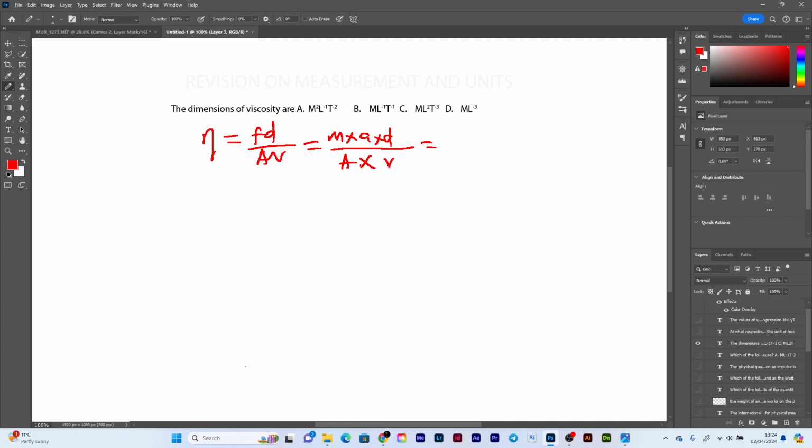Am I right? So this is going to be mass, capital M, and acceleration is LT raised to power minus 2, multiplied by capital L, divided by L square, multiplied by velocity, which is LT raised to power minus 1, right?